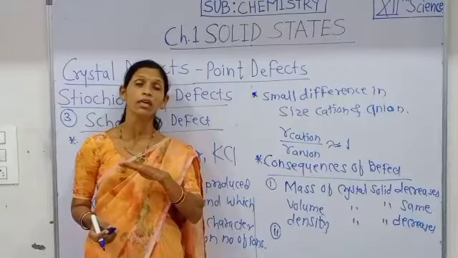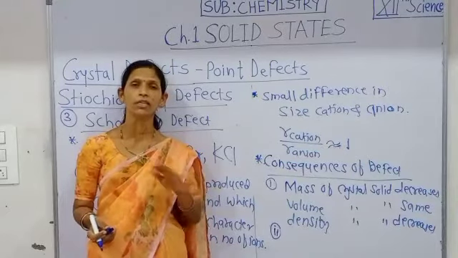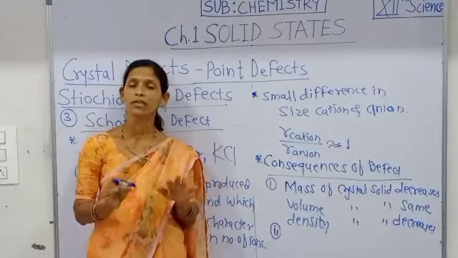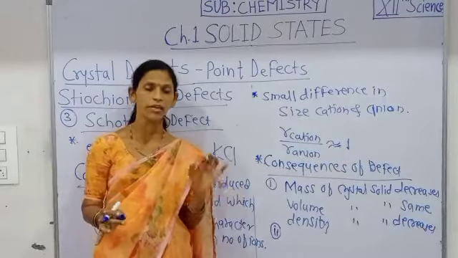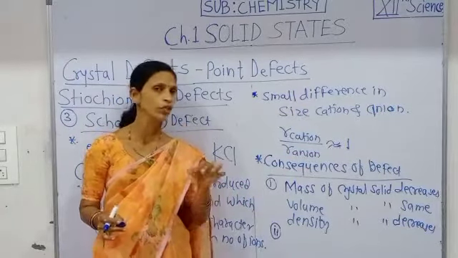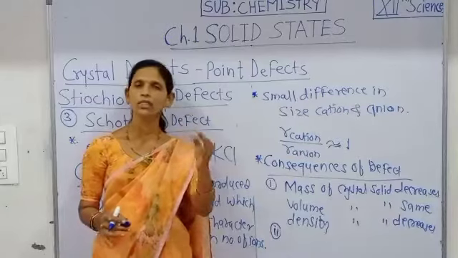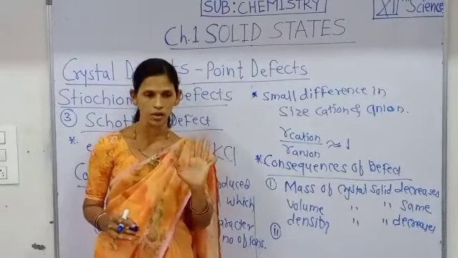Therefore the electrical neutrality is maintained. That means an ionic compound has an equal number of cations and anions, so it is electrically neutral. In Schottky defect an equal number of cations and anions are missing, so the ionic compound with Schottky defect is also electrically neutral.